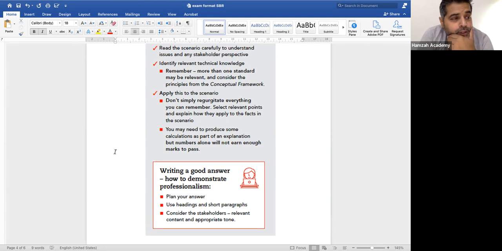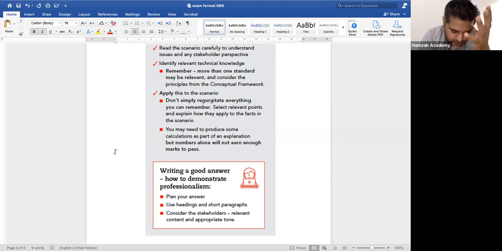Remember, even in your graduation, when you read the audit paper, we have the ethical issues for being an auditor or an accountant: the familiarity, advocacy, and intimidation threats.